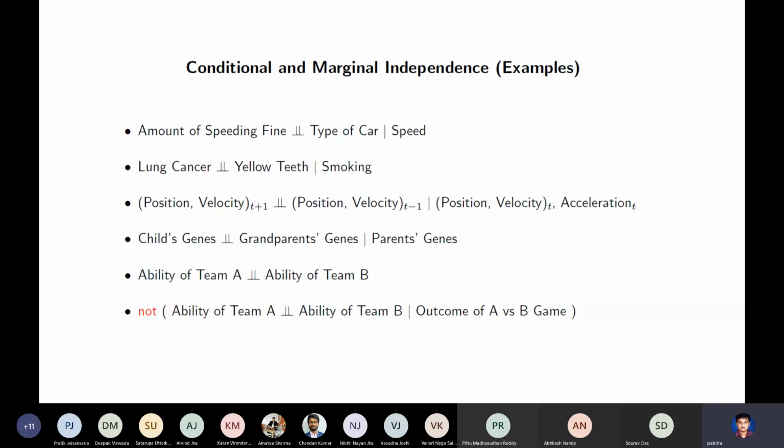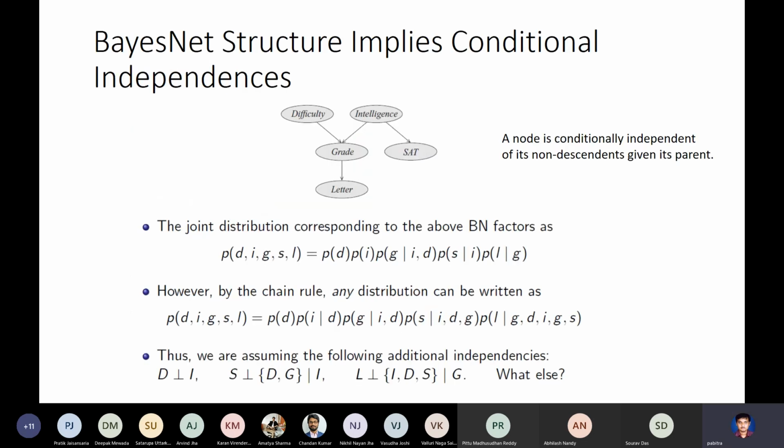Okay, so these are some examples, and this actually captures the notion of influence that we talked about. As I have said, let's look at some influences. Definitely grade is influenced by difficulty.